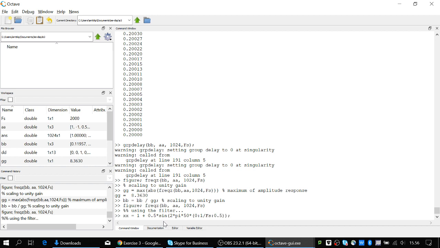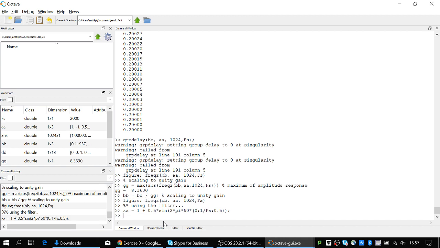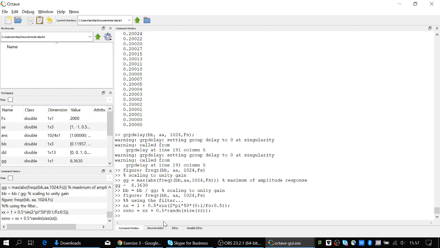All right, so this is about 1000 samples. And let me put some noise on it. X plus randn size of x, and amplitude for that one maybe the same amplitude as for this sinusoid.